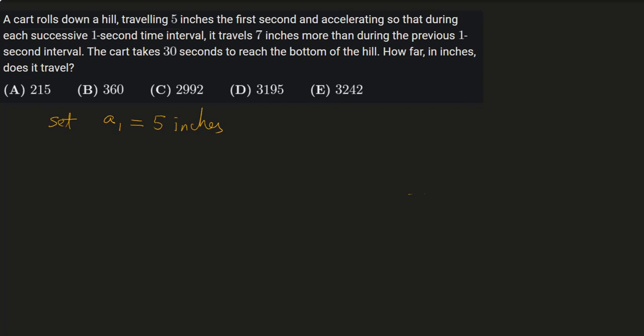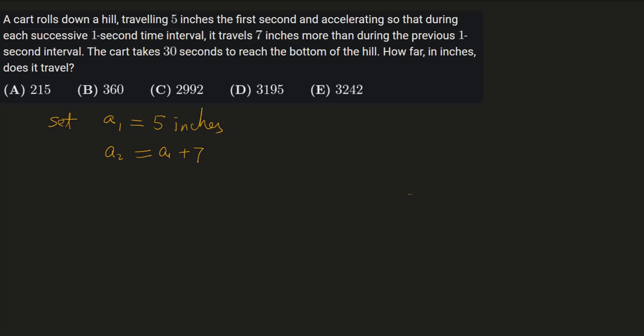During the following time period, in every 1 second interval, it travels 7 inches more than during the previous 1 second interval. Therefore, a2, in the second second, it traveled 7 inches more than the first second. So that's a1 plus 7, right?